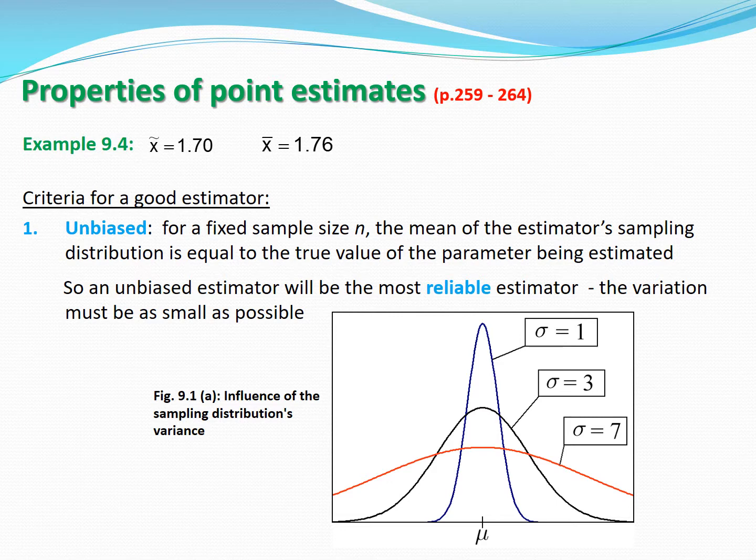If you look at the sampling distribution in blue, it has a standard deviation of 1. The one in black has a standard deviation of 3, and the one in red has a standard deviation of 7. So the one in blue will be the most reliable estimator.